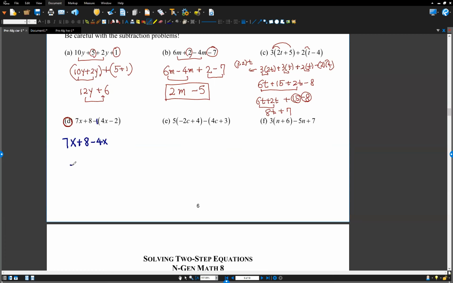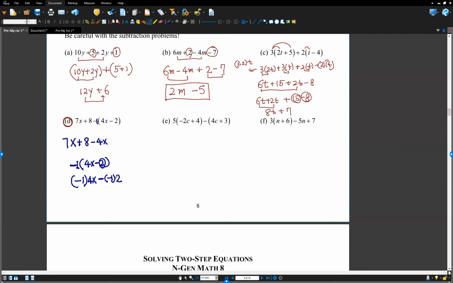I'm gonna write this, okay. Negative times 4x minus 2. How can I open this when you have a negative sign over here? So -1 times 4x minus -1 times 2 over here, right?